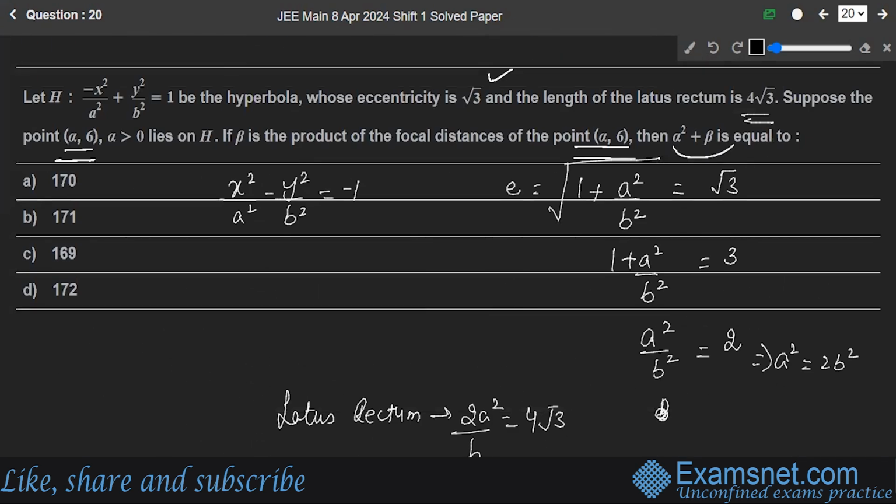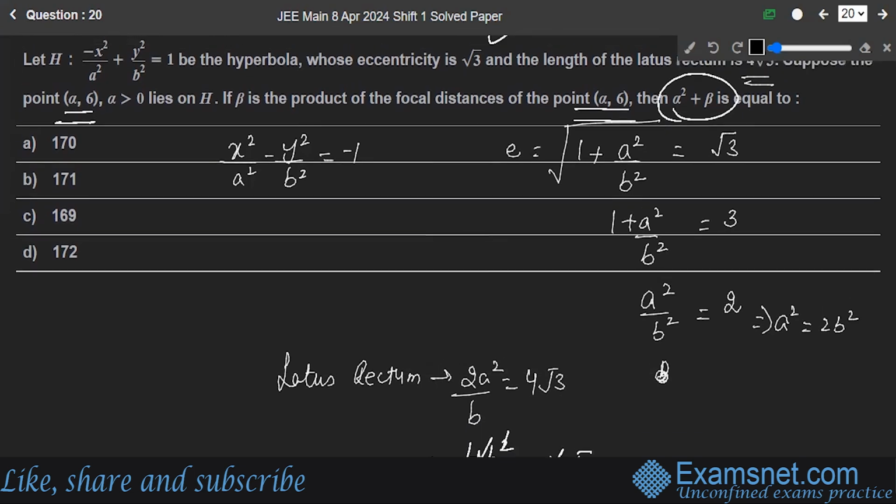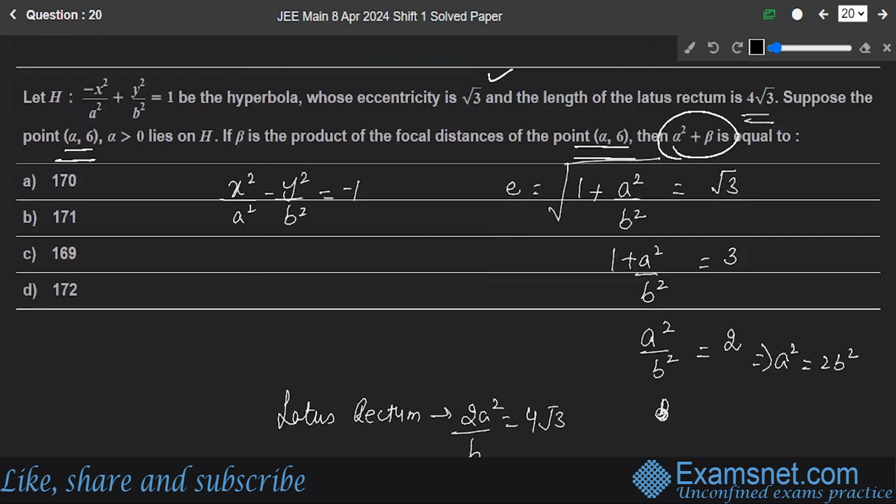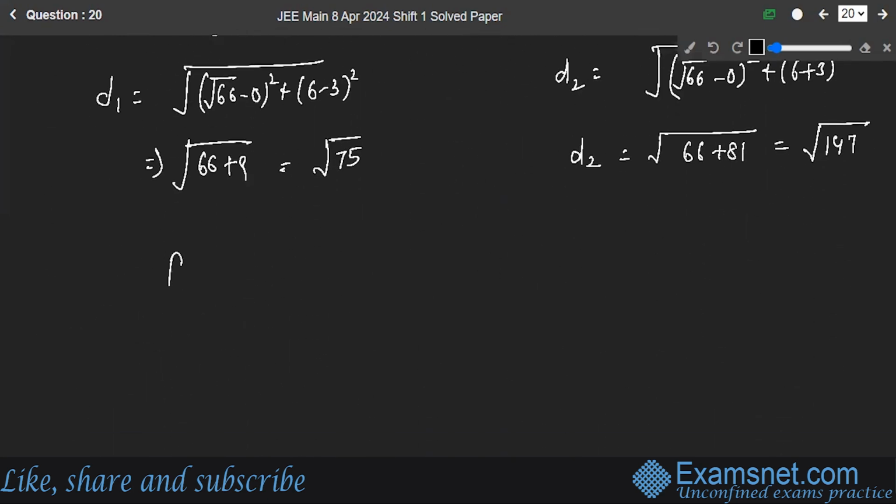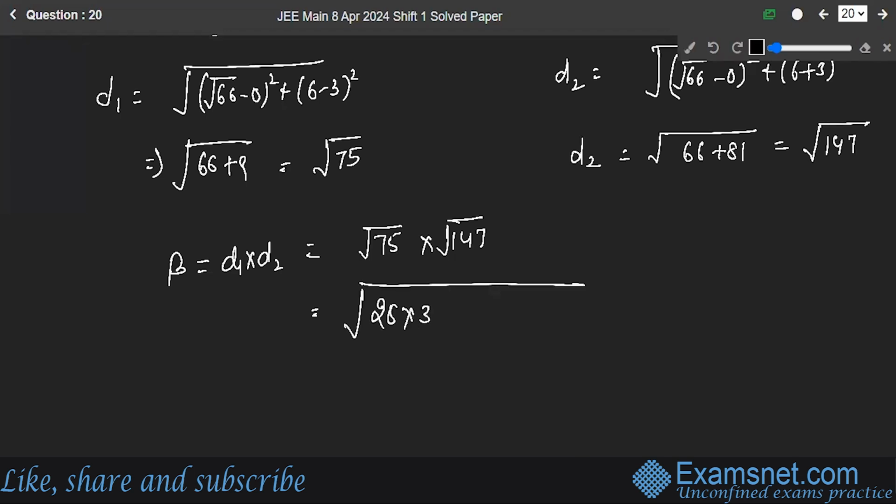What you have to find out is beta, the product of the focal distances. So alpha squared plus beta you have to find out. Beta is equal to d1 cross d2, root of 75 cross root of 147. This will be 25 into 3 into 3 into 7 into 7, or 5, 3 and 7.